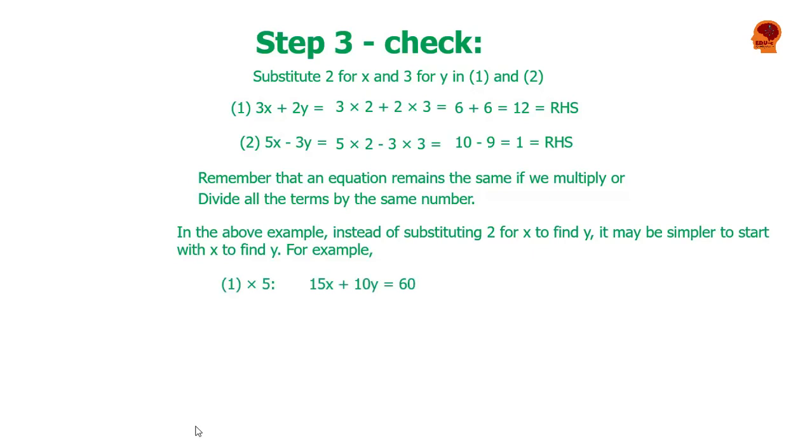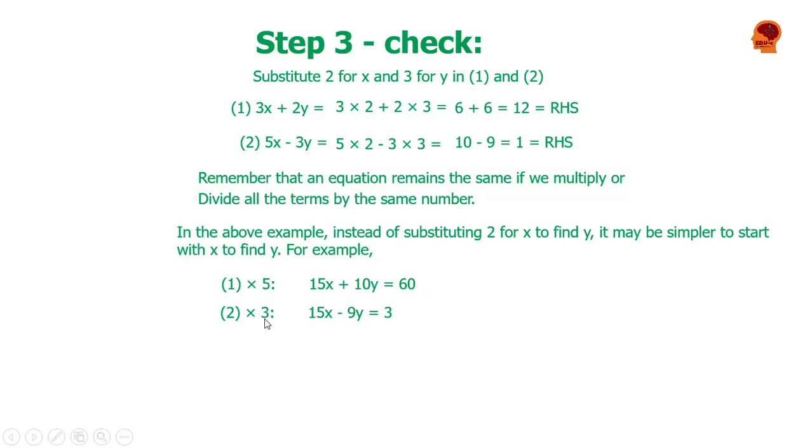Now watch. In equation 1 we are going to multiply by what? 5, and in equation 2 we are going to multiply by what? 3. This way we are able to make the coefficient of x the same. Do not forget that in the question we have 3x plus 2y. So when you multiply by 5, it means 5 times 3x gives me 15x, and 5 times plus 2y gives me 10y, and 5 times 12 gives me what? 60.